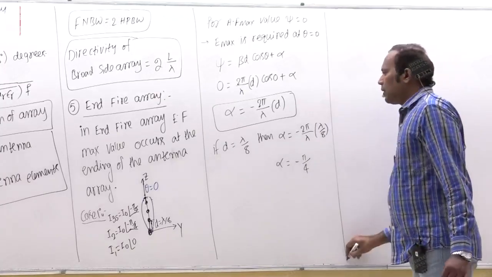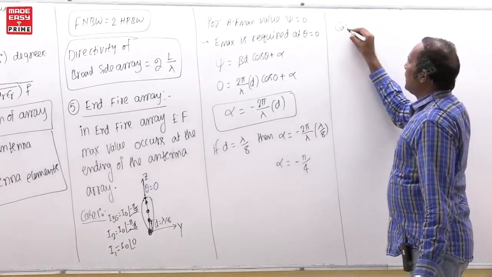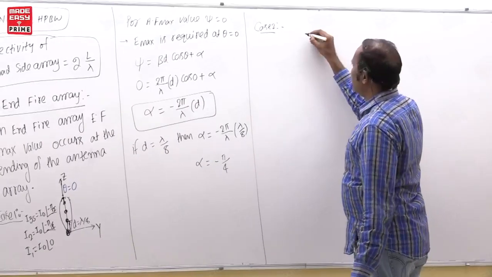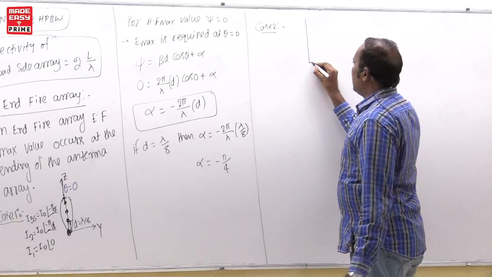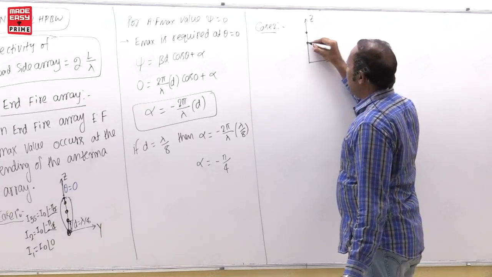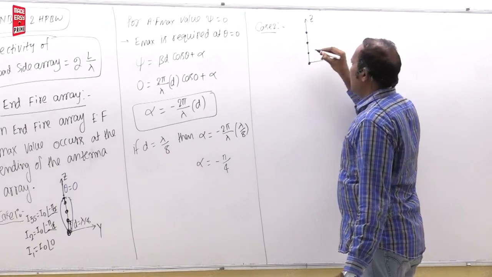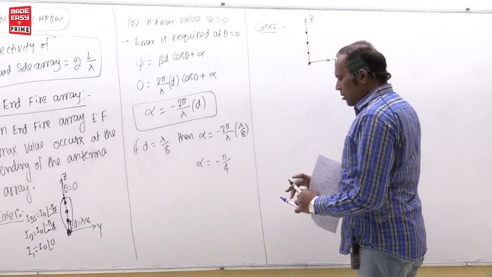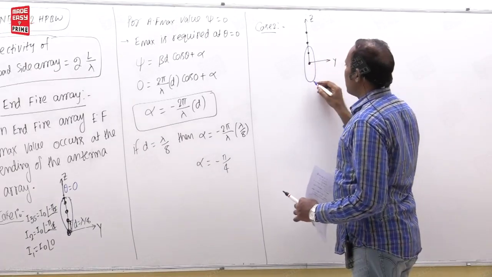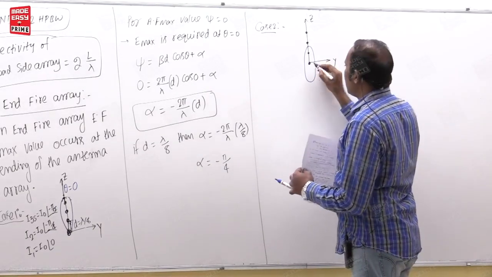So here case 2, student, case 2 is like this it is required. So this is the y axis, this is the antenna array. So like this you want maximum electric field, na? So here maximum electric field is required.